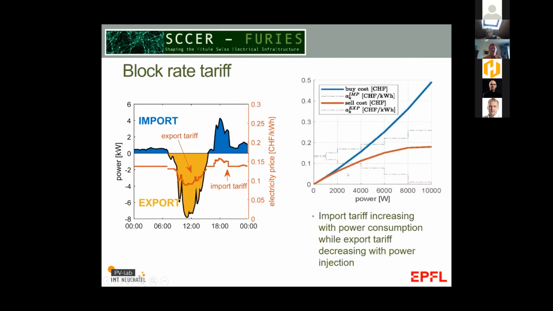So basically, the higher the consumption, the higher the volumetric tariff, and when you export, the price decreases as the exported power increases.